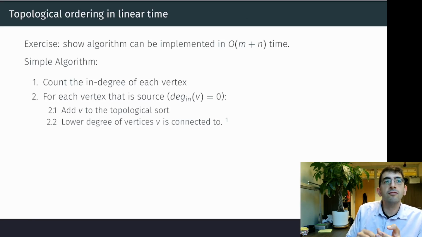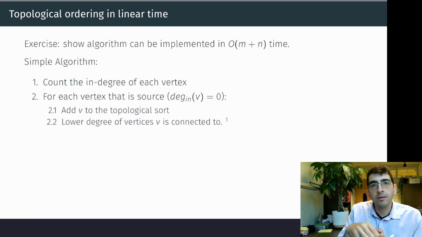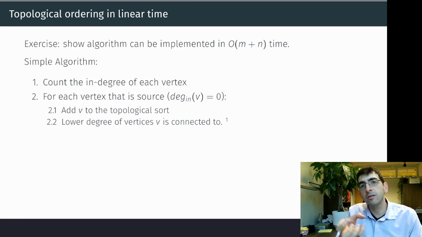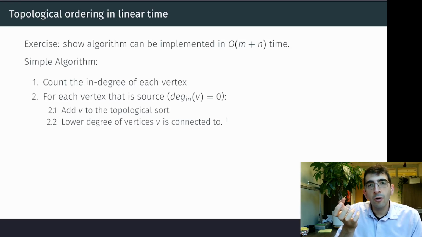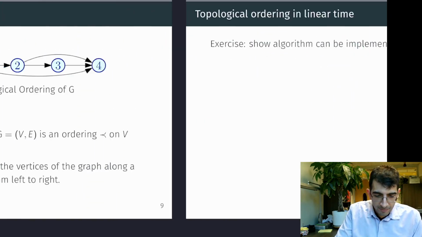But what's the thing we talked about when we first defined DAGs and talked about the flow of the DAG, when I showed you the different graphs and how they may be rearranged to make it obvious that they are directed and acyclic? We talked about sources and sinks, right? So what do we know about the ordering here?